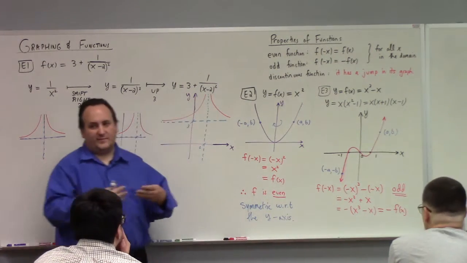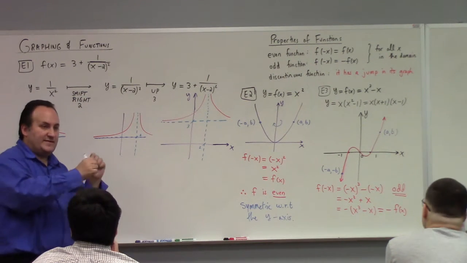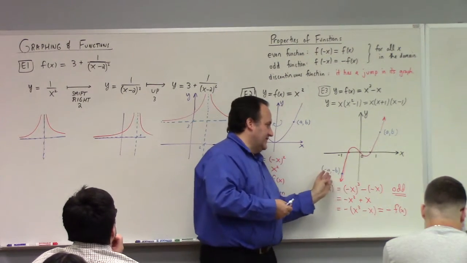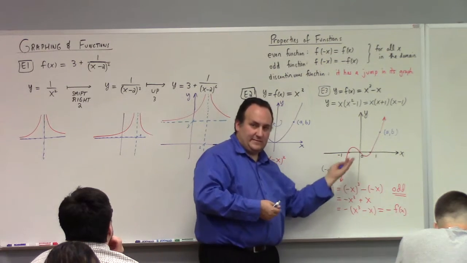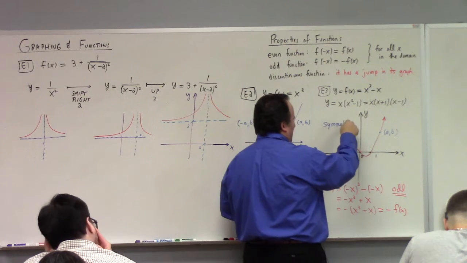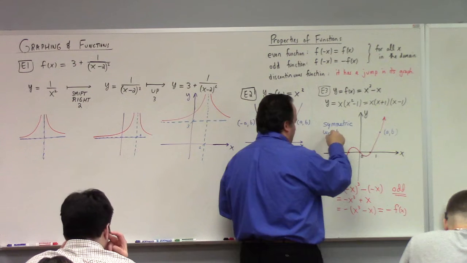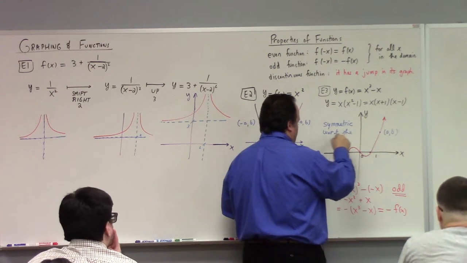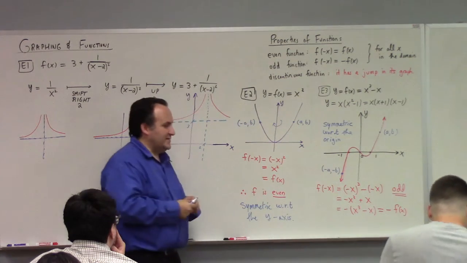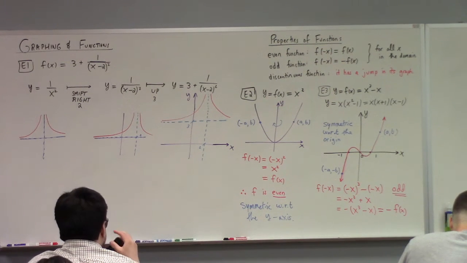So if you have this kind of pattern, if for every point the negative of the point is also paired, putting minuses on both the x and the y components of the point, then that kind of reflective symmetry is known as symmetry through the origin. So this is said to be symmetric with respect to the origin. A terminology which has always bothered me, but anyway, it's standard. Symmetric with respect to the origin is what people say. I think that's kind of an odd terminology, but there it is. So symmetric with respect to the origin means you have an odd function.